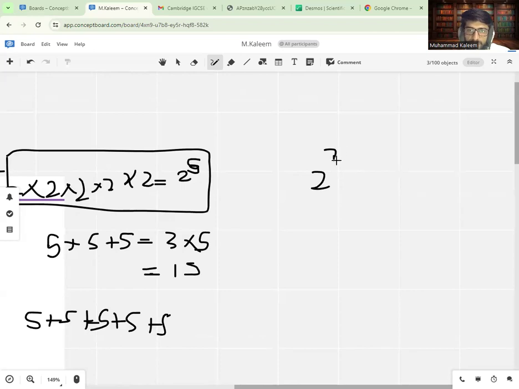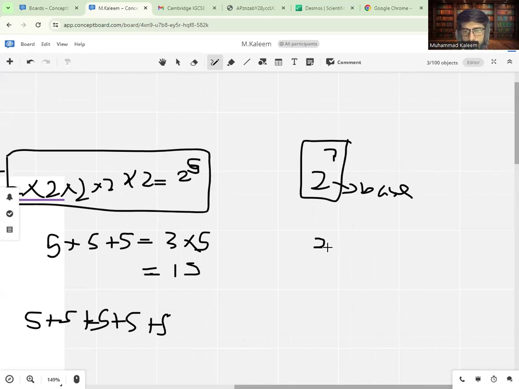Some authors name this power, some name it exponent, and some name it index. And here 2 is known as the base of the number. This complete form is known as index notation, because we are writing our number in indices. So that's why this one is known as index notation.